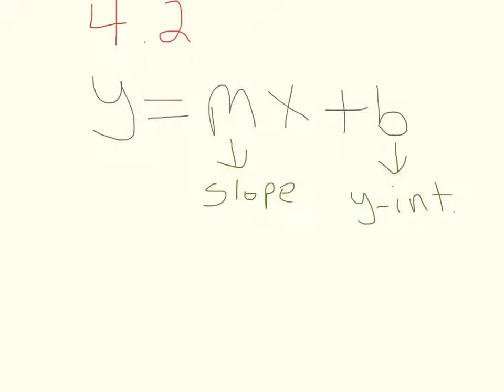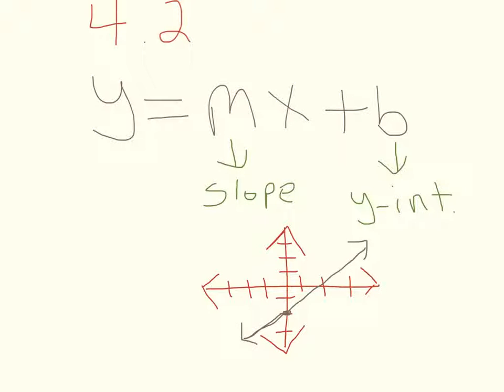Now, the y-intercept is the spot on the coordinate plane where your line touches the y-axis. For instance, in the graph shown below, the y-intercept would be the spot where the line touches, or you could say crosses, the y-axis.